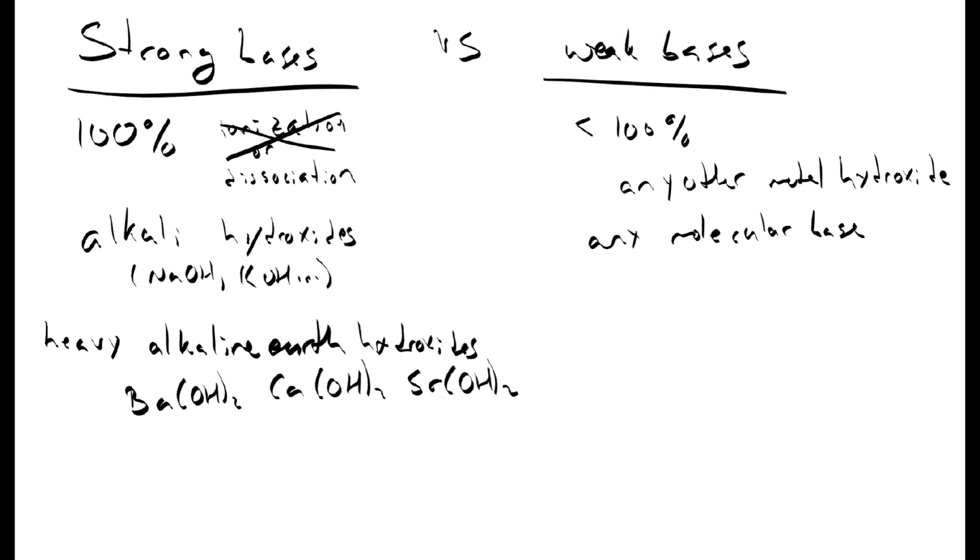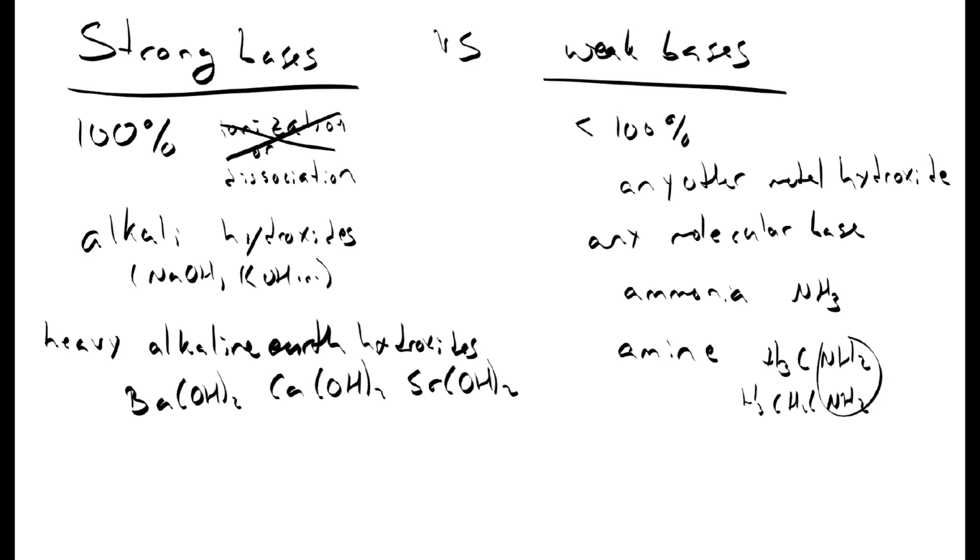Okay? So that would be, say, ammonia, NH3, or any amine. An amine is a carbon compound, so an organic compound, say methylamine, H3C-NH2, or ethylamine, H3C-H2C-NH2, and so on.